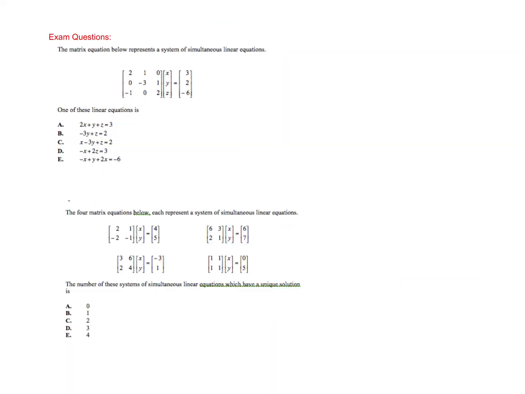We'll practice what we're just talking about there. The matrix below represents a set of simultaneous equations. So what they're doing is they want you to go backwards. Remember when we were solving, if we do multiplication, we go row by column equals that. So I could say 2x plus y, and there's no z, 0 times z, equals 3.